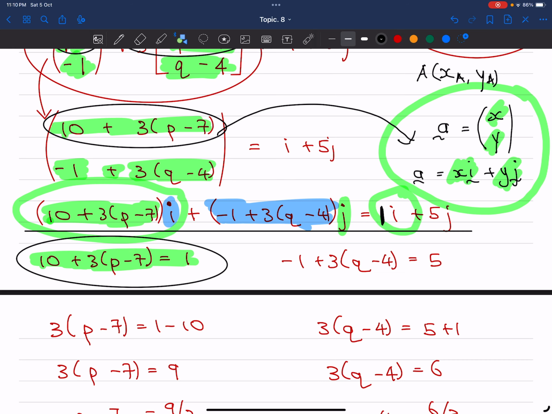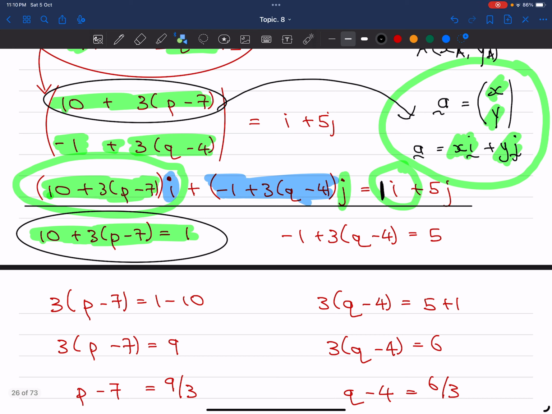Then repeat the same thing. The number in front of j on the left hand side is the same as the one in front of j on the right hand side, which means negative 1 plus 3 brackets q minus 4 equals 5, which I have written here.